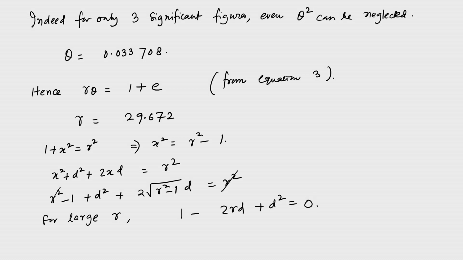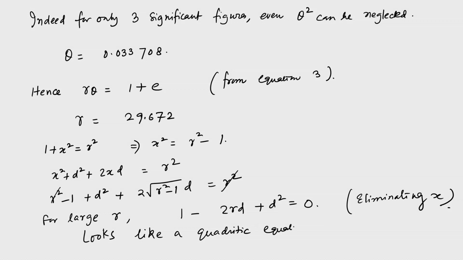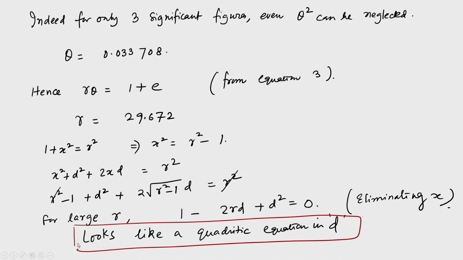Another way of looking at it is that we are eliminating x. So, it looks like a quadratic equation in d, whose solution will give us the answer, but if you look at it carefully, it is actually a linear equation with a quadratic perturbation.